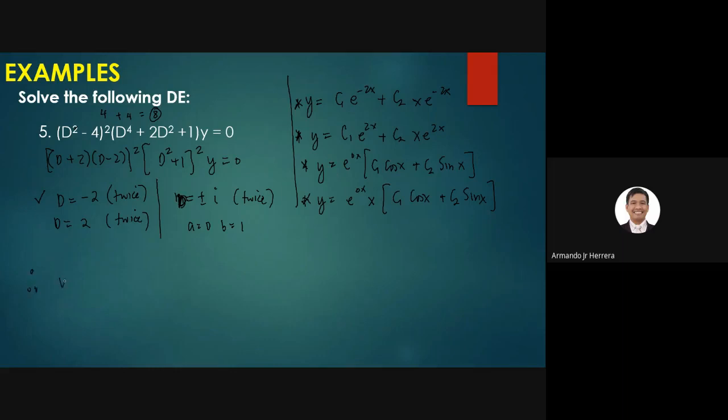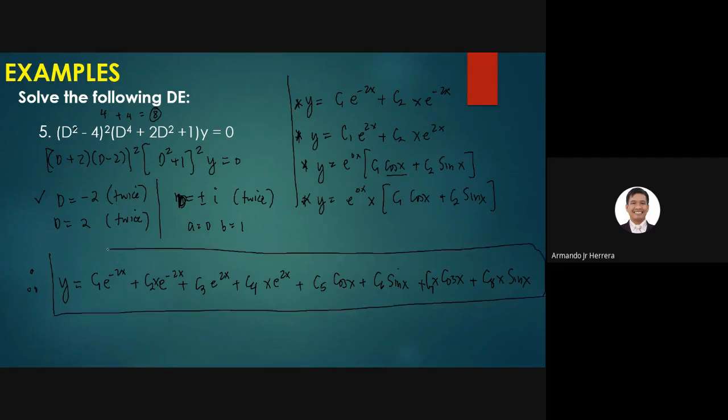So, para sa general solution, y is equal to c1 e to the minus 2x plus c2 e to the minus 2x times x plus c3 e to the 2x plus c4x e to the 2x plus c5 cosine of x plus c6 sine of x plus x cosine x multiplied by c7 plus c8x sine of x. So that will be our general solution.